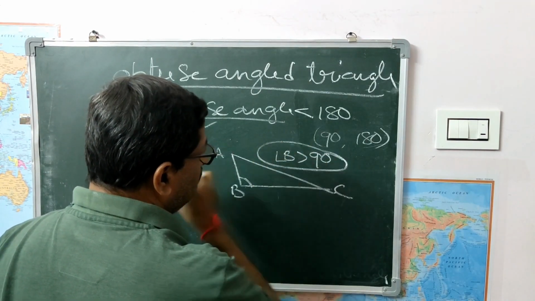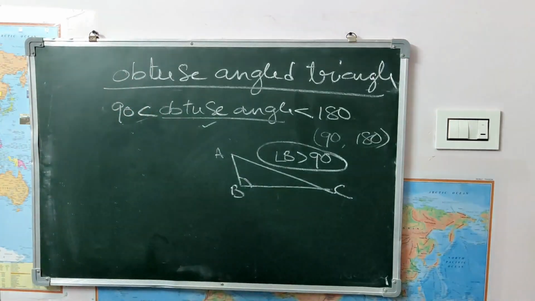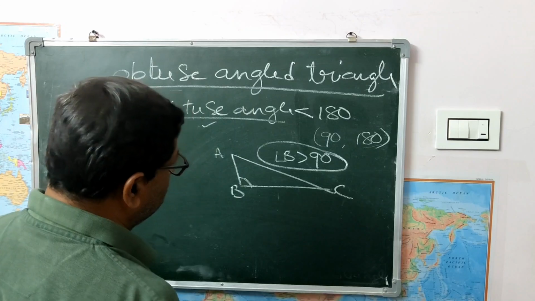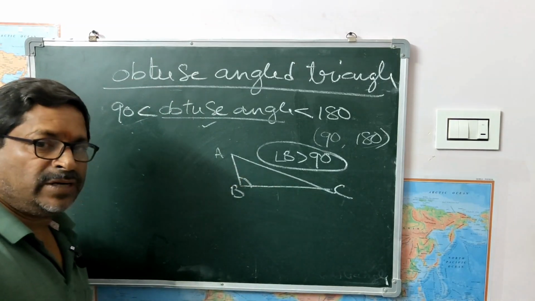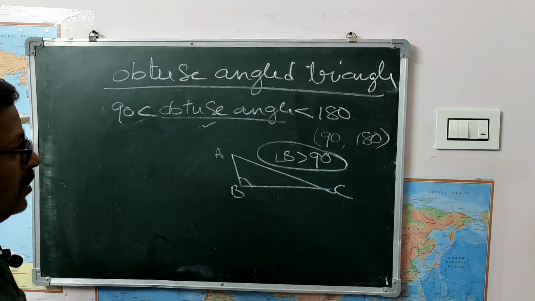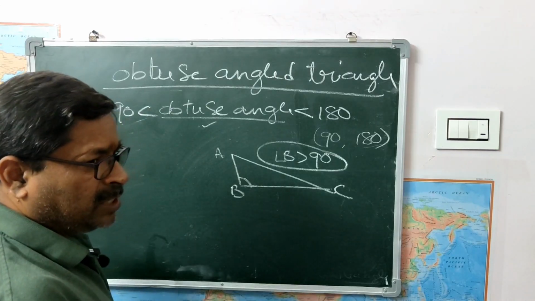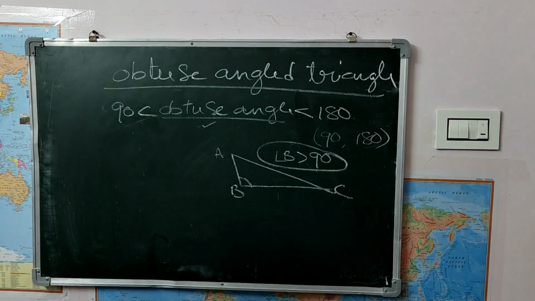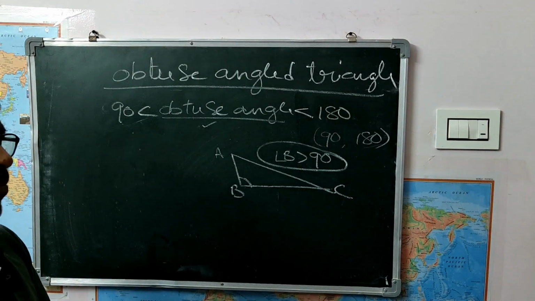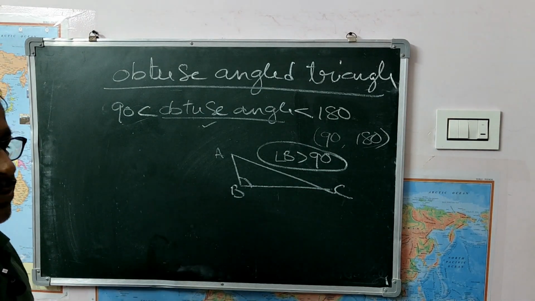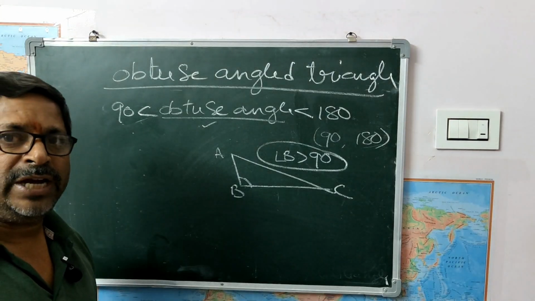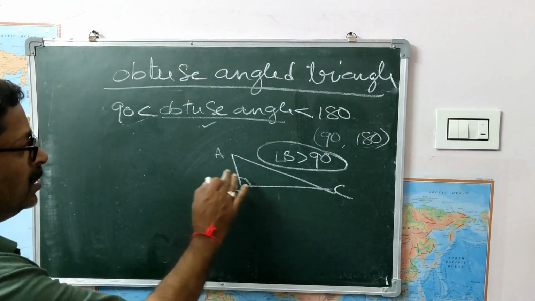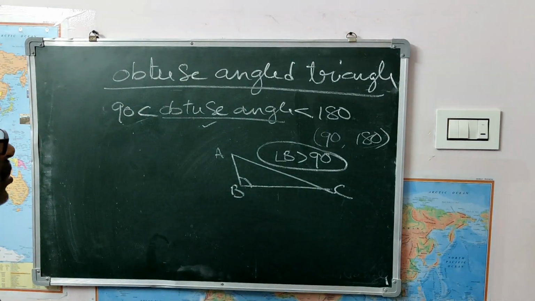So this triangle is understood as an obtuse angled triangle. The sum of the other two angles is definitely less than 90 degrees. A plus C becomes less than 90 degrees with no doubt. And coming to the area, area is found in the same way as I told you in the earlier sums. Half into base into height, or otherwise Heron's formula is there. With that also you can find it when the sides are given. So this is about the obtuse angle.